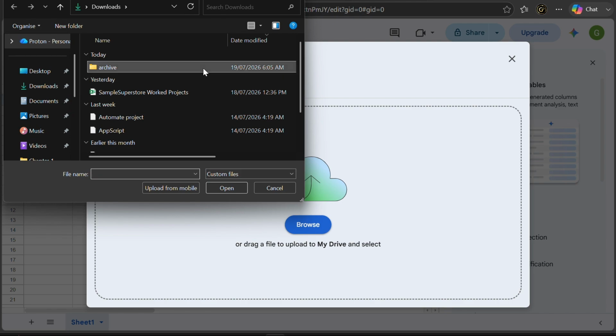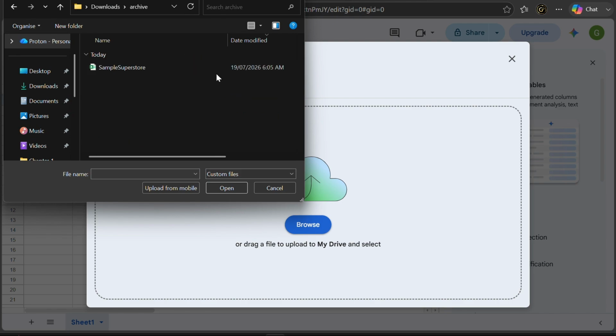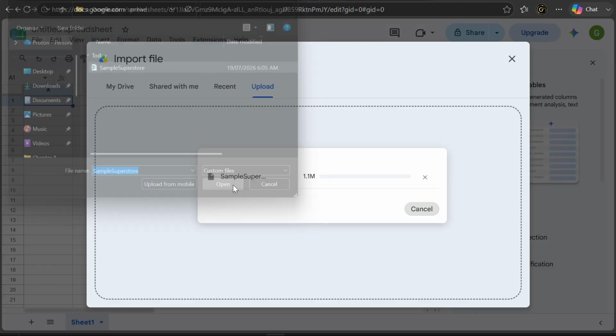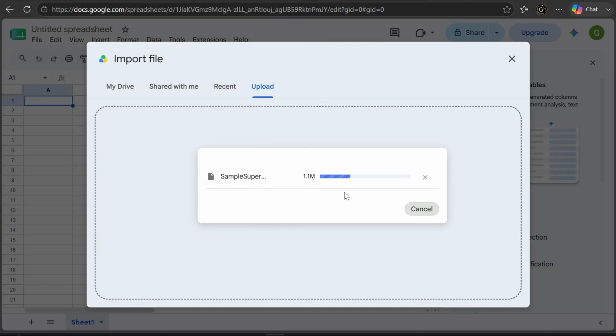Say upload, and yeah, this is it. So I'm just going to open it. That's loading. Should be ready soon, and then we can proceed with our work.